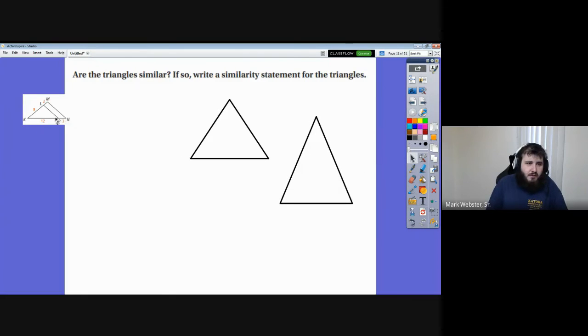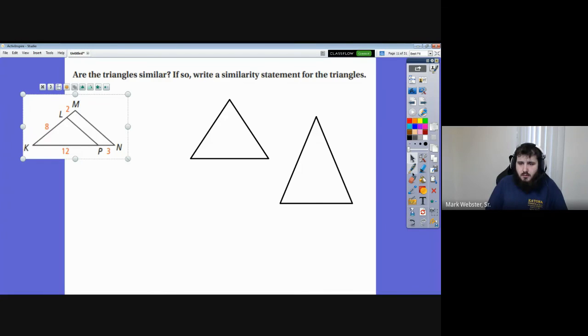So let's look at what we've got here. First of all, this angle K, right? They have that in common. So here we've already got a side pair, angle pair, right? So since we don't have three pairs of sides, but we do have an angle, we're probably looking at side, angle, side similarity, right?